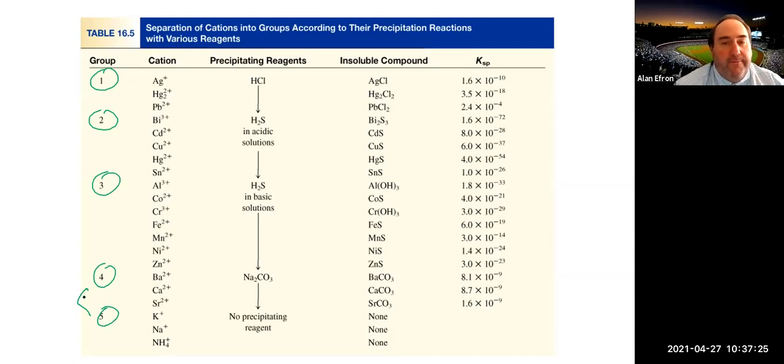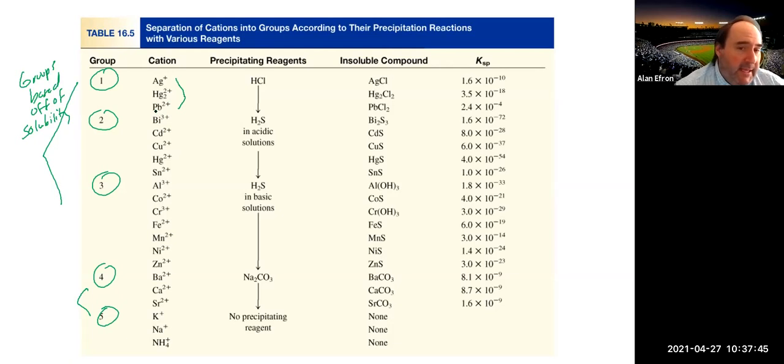We're talking about groups based on solubility, basically. These are really groups based off of solubility rules and precipitates. For example, group 1 is silver, mercury 1, and lead 2.